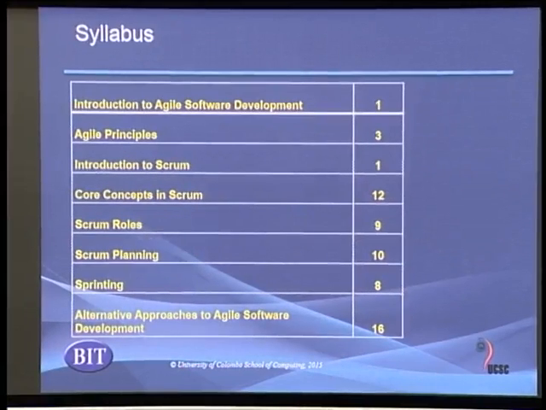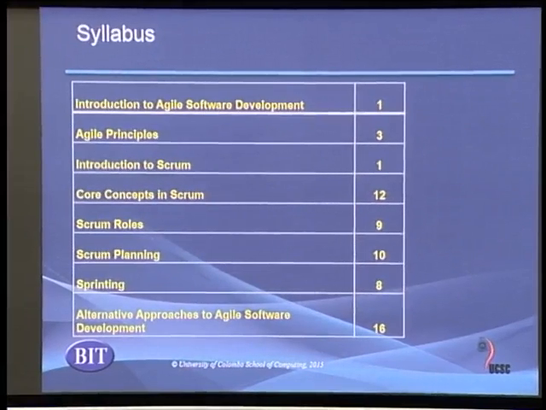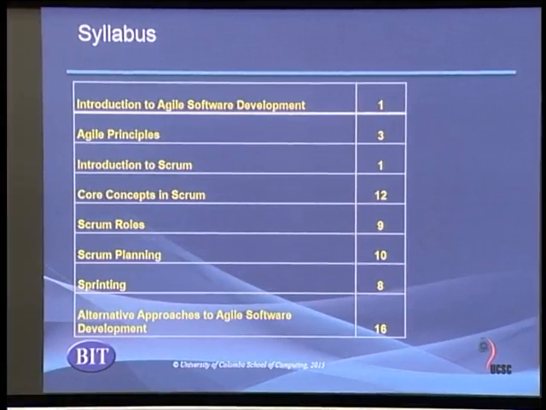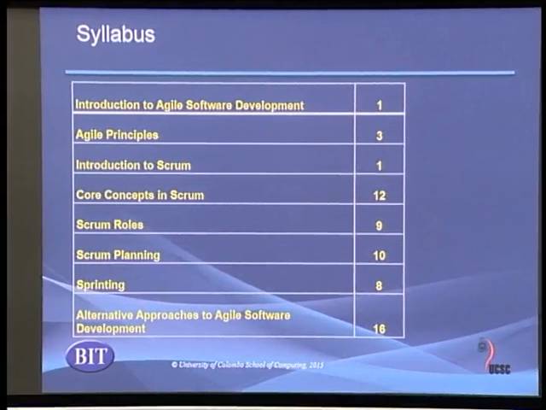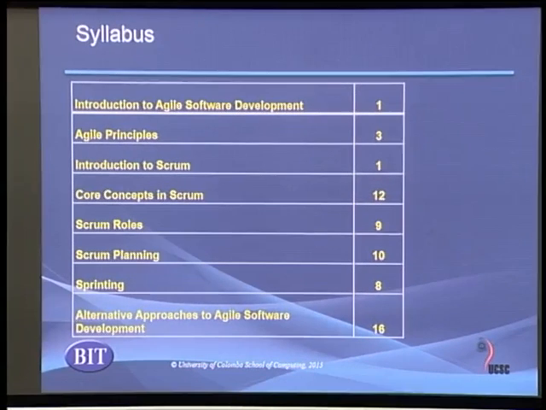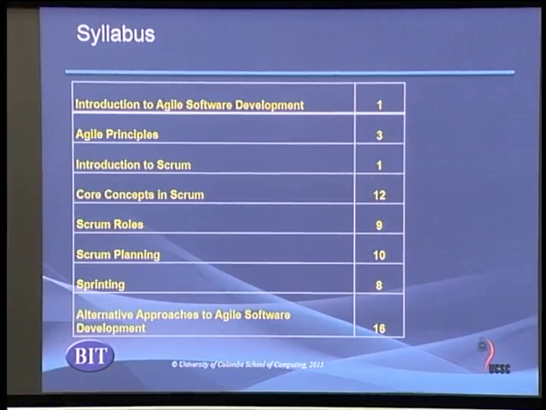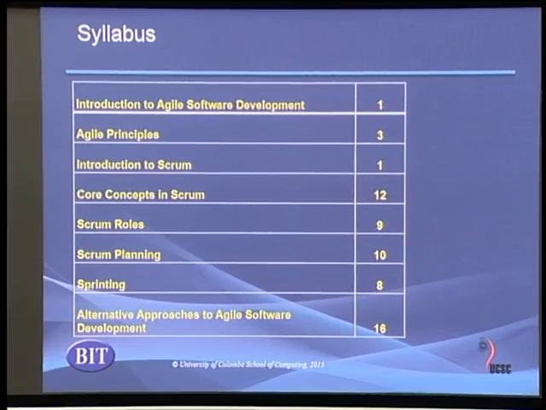This is actually the current syllabus. As you can see, the right hand column gives you certain numbers, which are the hours you have to spend on learning each section of the course. For an example, to get to the introduction to agile software development, you have to spend only 1 hour.